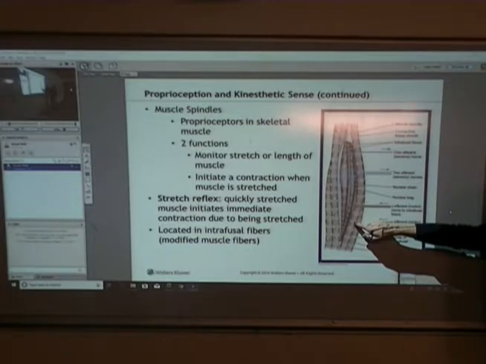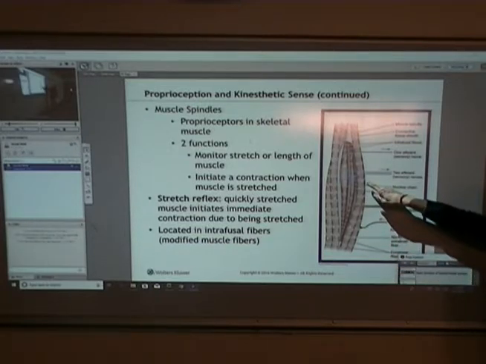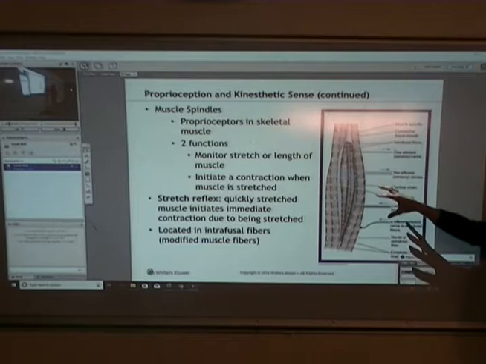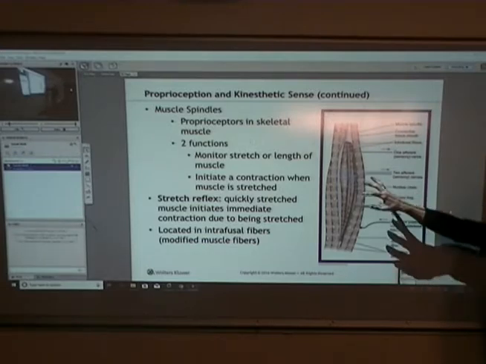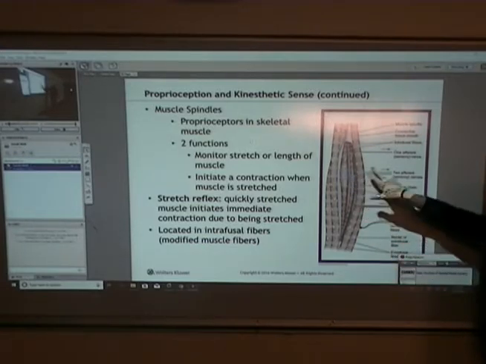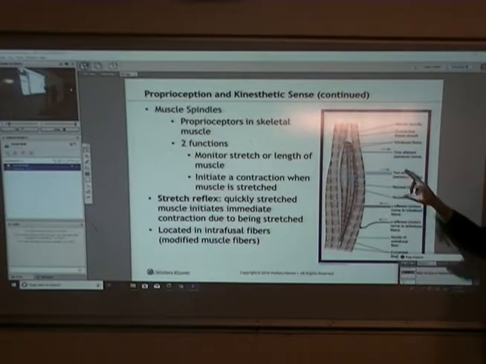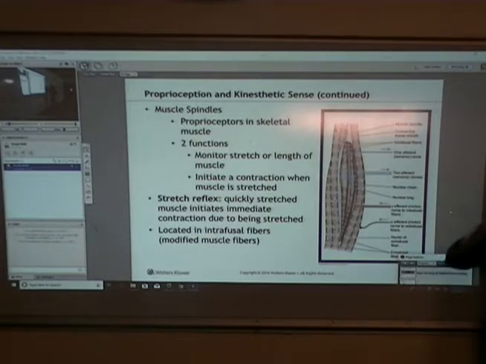So it also has some nerve endings associated with it, right? There are actually two afferent, so sensory nerves are afferent, motor nerves are efferent. Okay?